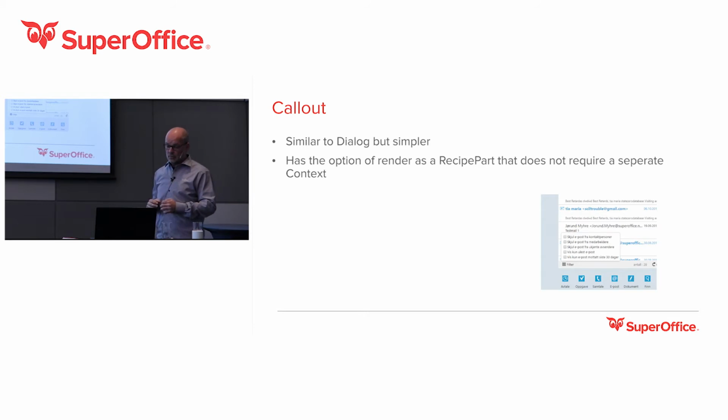That means you don't need a separate context, but you can use the same context, and that means you can dynamically add recipes to a context and rebind these components through the existing state on that context, and that can be very powerful. It would be a little overkill to have our own controller and whole state just to show these 5 checkboxes.